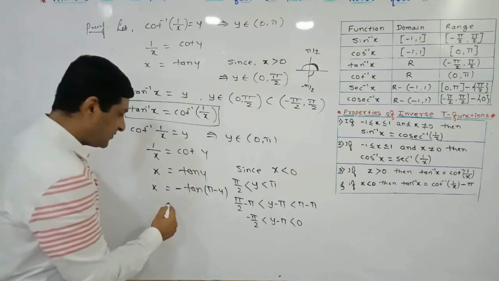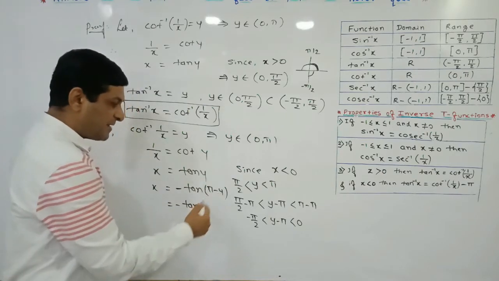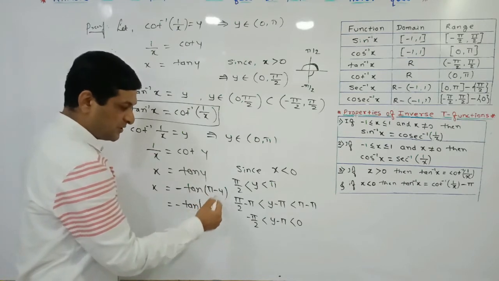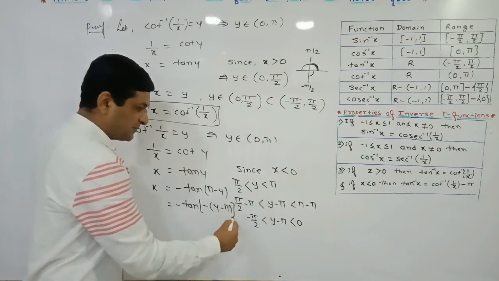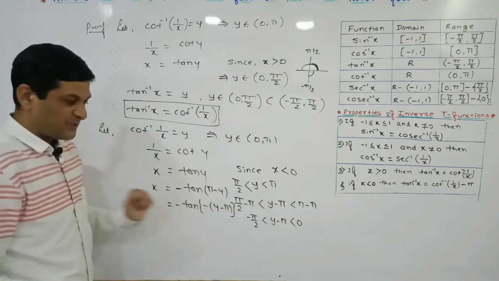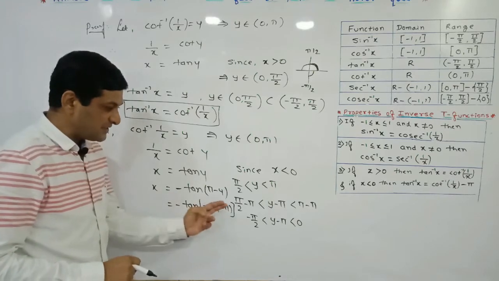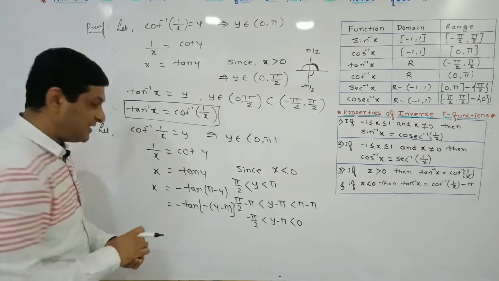So which is equals to minus, keep it as it is, tan also as it is. Now I am taking minus common from both the terms. If we are taking minus common, the negative term will become positive and the positive term will become negative. Now this term is in the form of tan minus theta. What is the value of tan minus theta? Will be equals to minus tan theta.